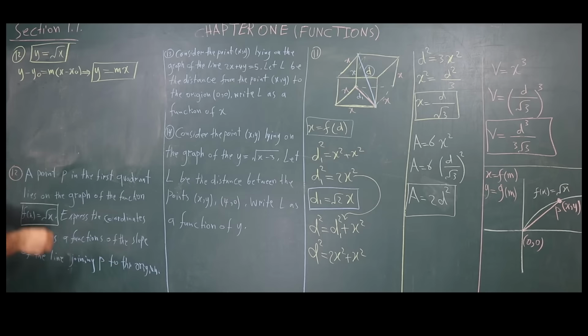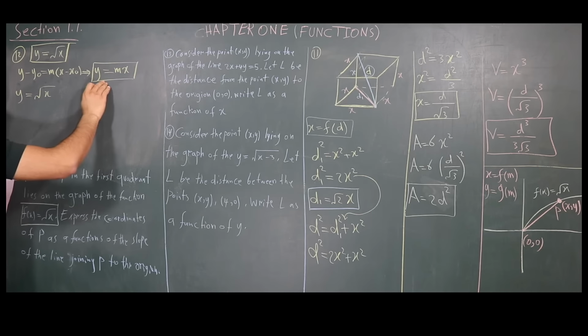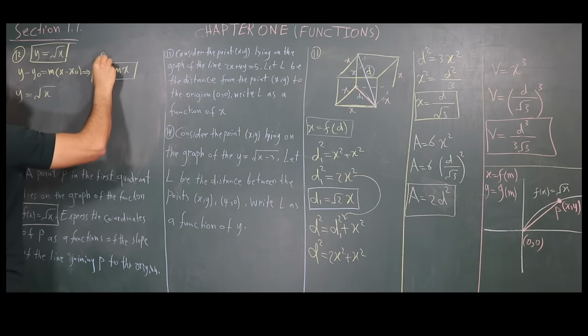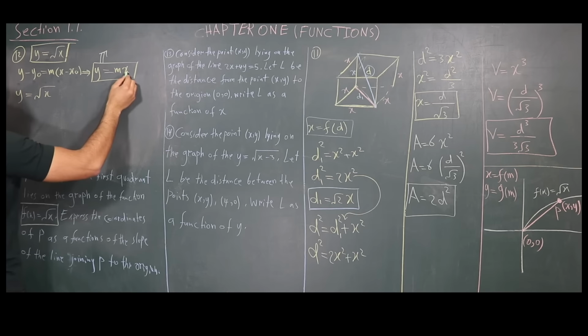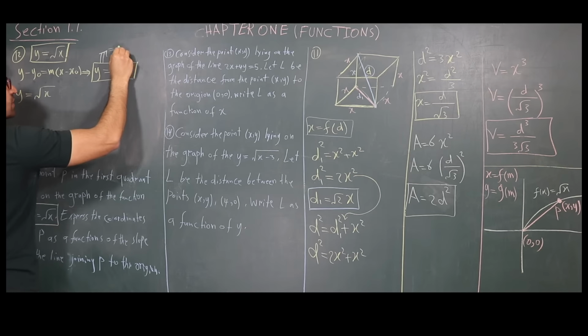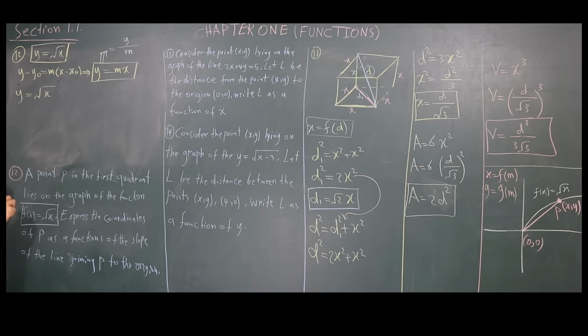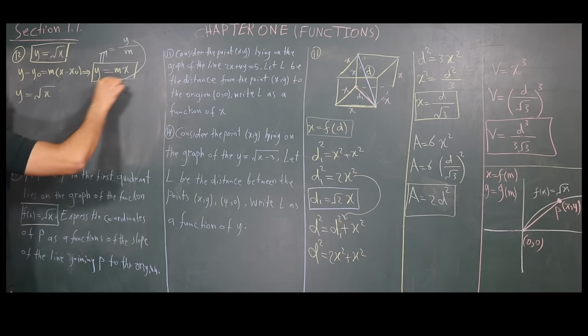From these relations, I want to express x and y as functions of the slope m. It's easy. Here y equals the square root of x. I can take this one as a base, and x is y divided by m. So I'm going to substitute this in here.